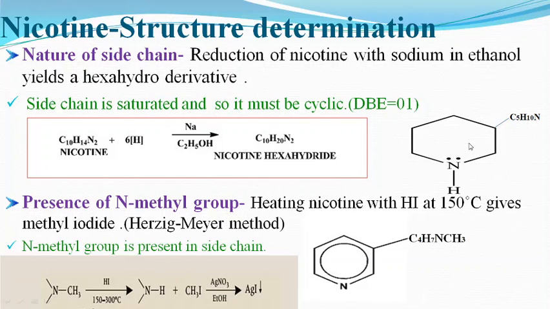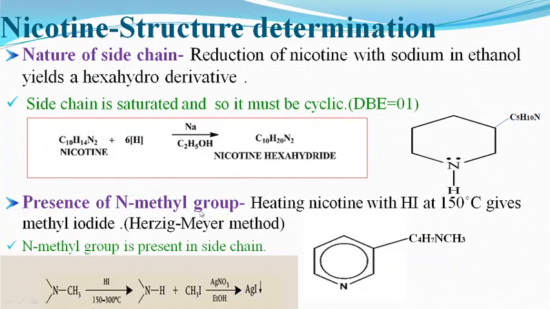An important conclusion which can be drawn is that the side chain does not contain any unsaturation. And it is also cyclic because one double bond equivalence is left. So as the side chain is saturated, it should be a cyclic structure according to double bond equivalence. Thus we have accounted for the 5 double bond equivalence which is present in nicotine.